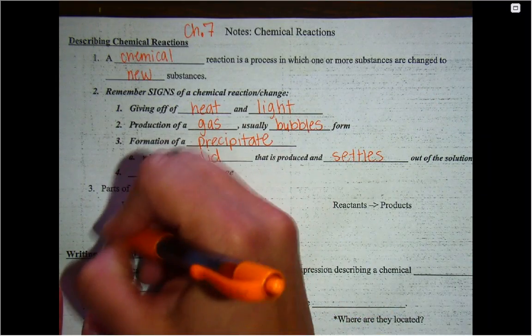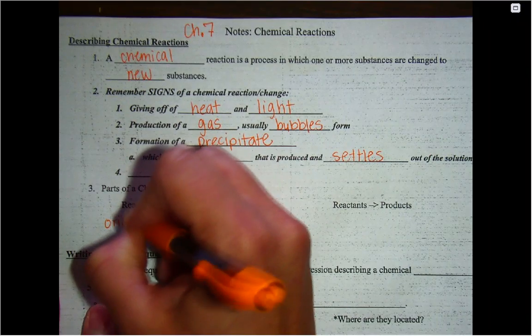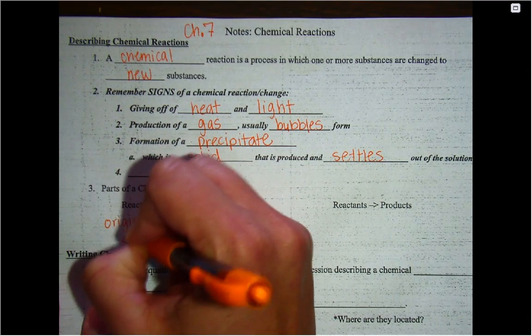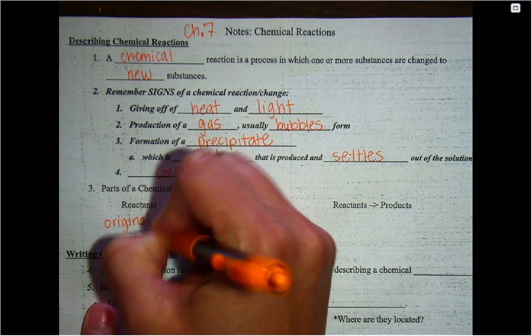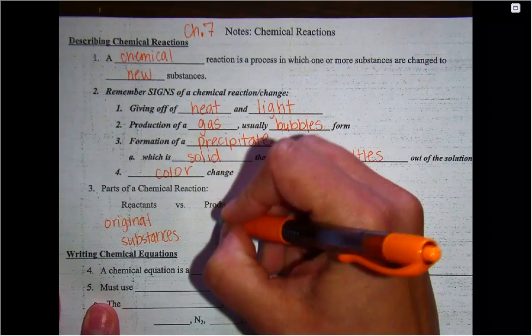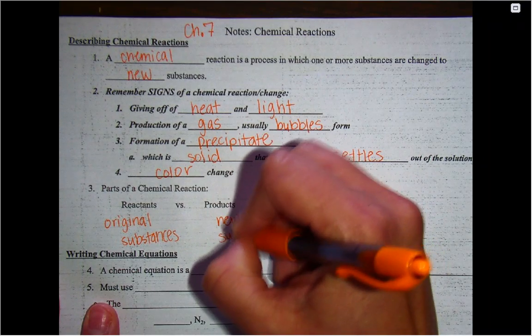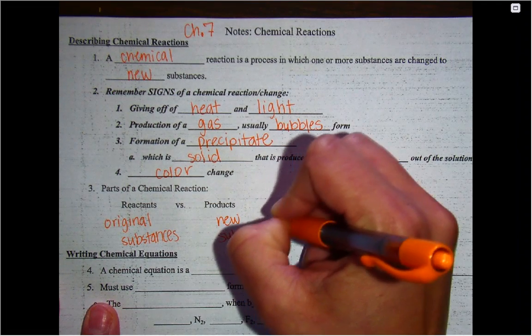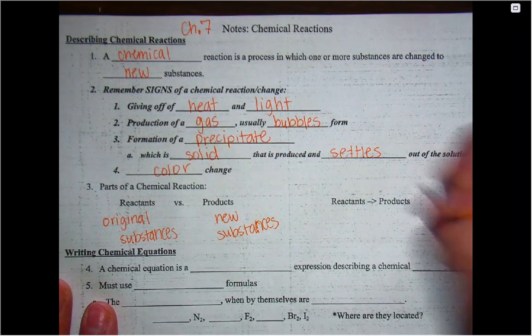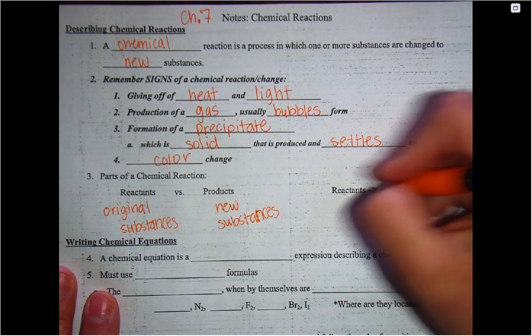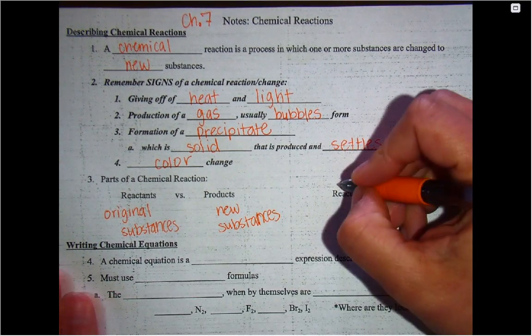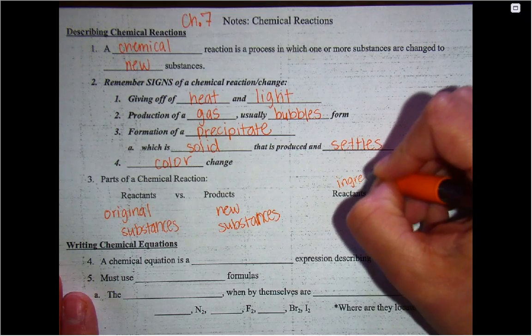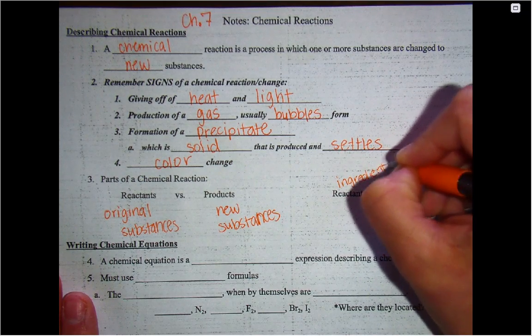Our reactants are the original substances, and products are the new substances, the things that are created. The reactants are also known as ingredients. You can kind of think of them that way.